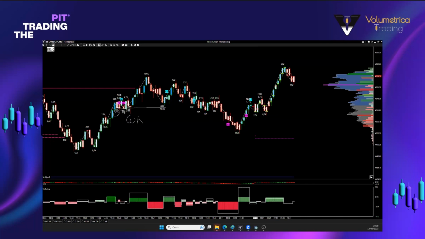When we had the strong push to the upside, to the downside here, pulling back all of the area, is it stronger or weaker? In terms of volume, it is definitely stronger.